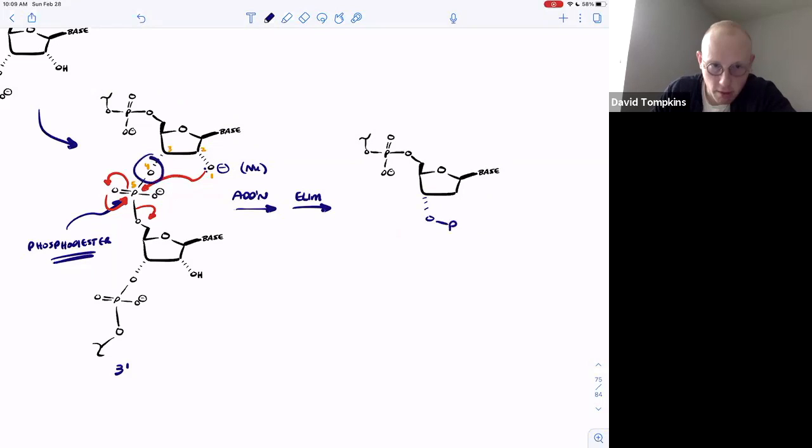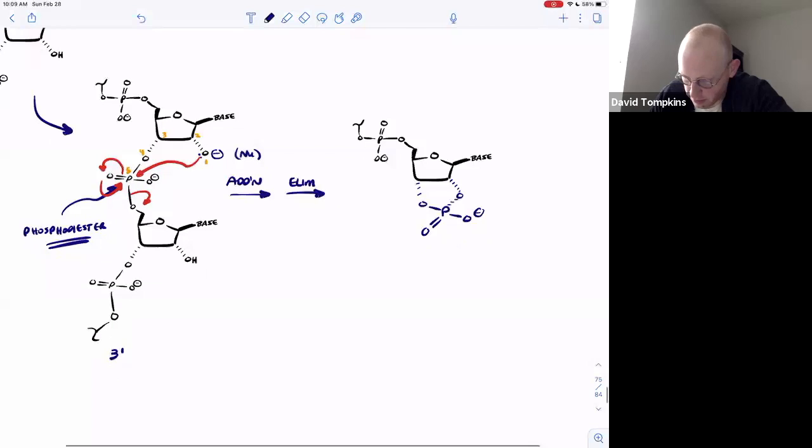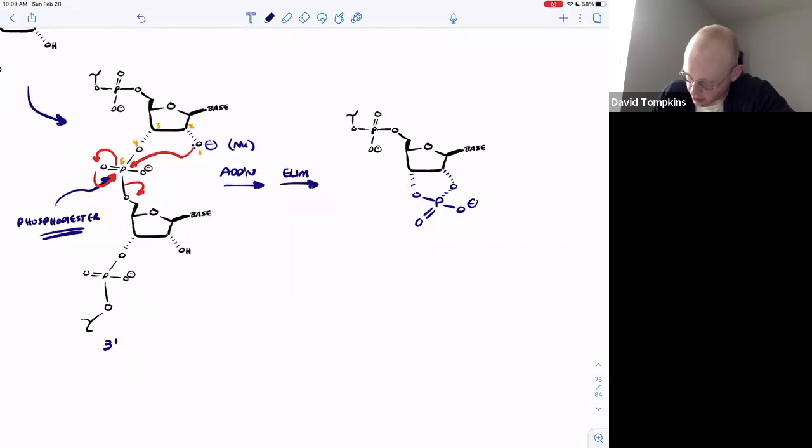So that 3' alcohol is still attached to the phosphorus. And there are still 5 bonds between phosphorus and oxygen, but now the secondary alcohol is also attached. So that makes a new phosphodiester. And we simply cleave off the 3' end.